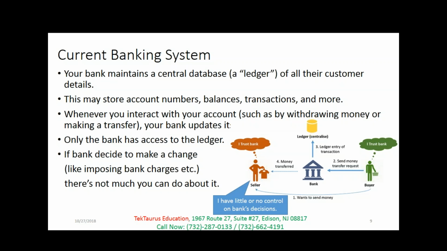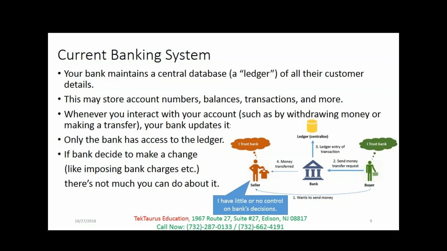Okay, let's discuss the current banking system, the one which uses a central management protocol for serving its customers. A bank generally maintains a central database, called a ledger, of each individual customer. Whenever a customer logs in online to a particular bank, the data is fetched from a central computer owned by the bank.